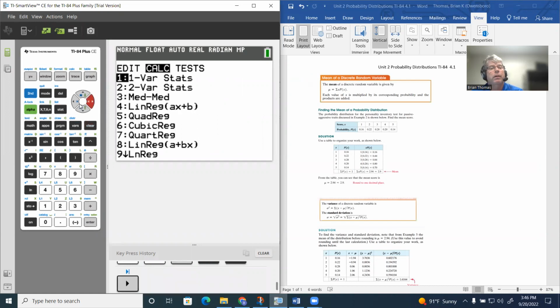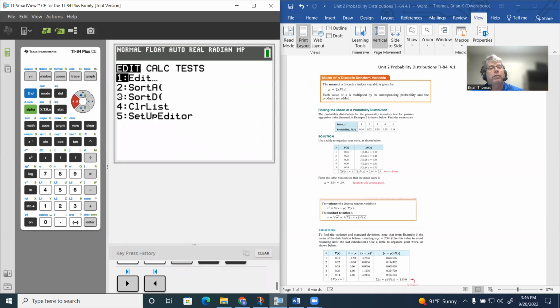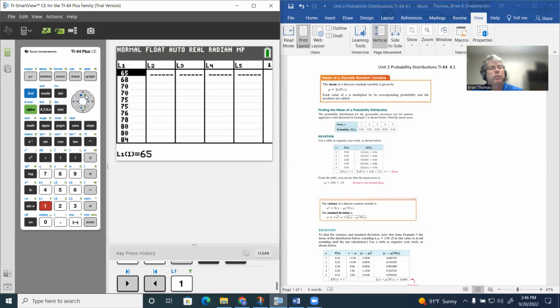We have edit, and we can make a new table. To do a probability distribution, I went up to L1, hit clear, and then came back down. In L1, we're going to put the 1, 2, 3, 4, and 5. So that was the actual scores.